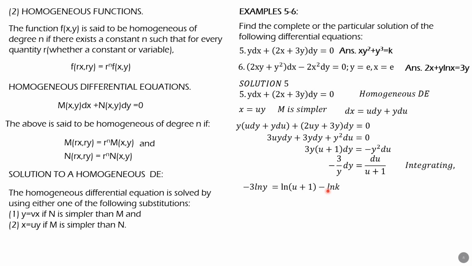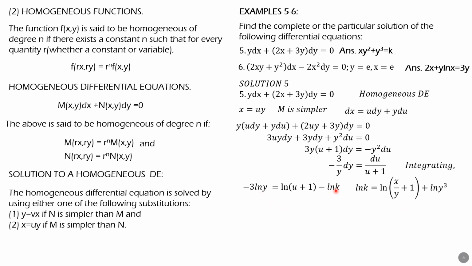You can also have plus ln of k, but this is more convenient because when we transpose negative ln k to the left, it becomes positive, and negative 3 ln y to the right becomes positive. And note that 3 ln of y is the same as ln of y cubed, from properties of logarithms.